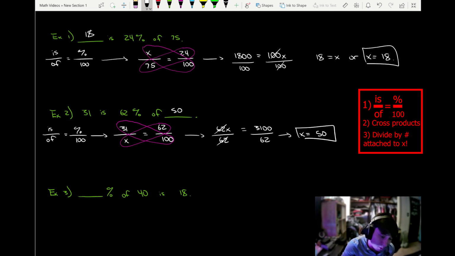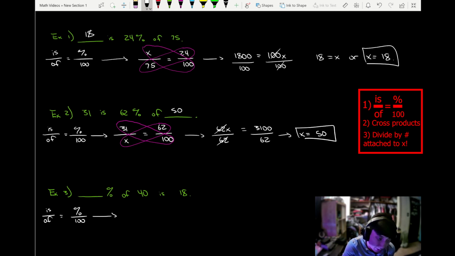So now we're probably getting a little more comfortable. Here we're missing the percent, right? So remember, is over of equals percent over 100. So in a percent, since a percent is a ratio comparing a number to 100, the bottom is always going to be 100. So in every one of these, we're always going to have 100 somewhere in the denominator.